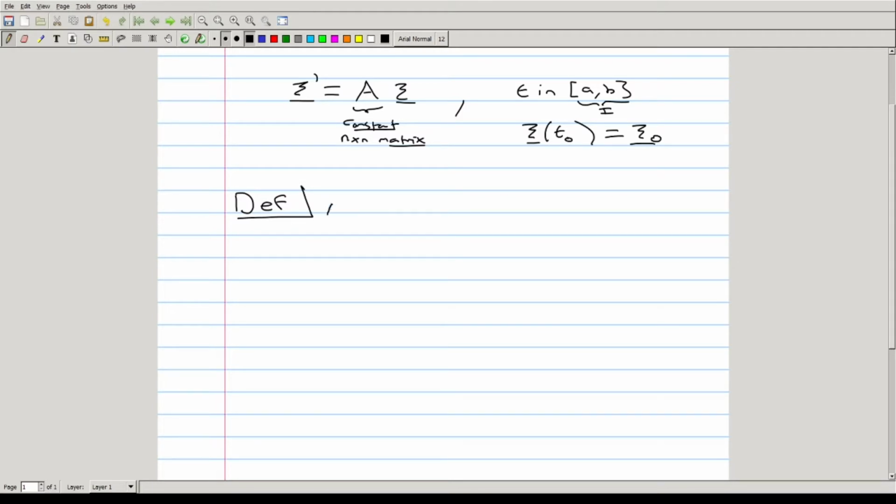So that A, elements of which are Aij for i and j from 1 to n. So we let A be a constant n by n matrix.